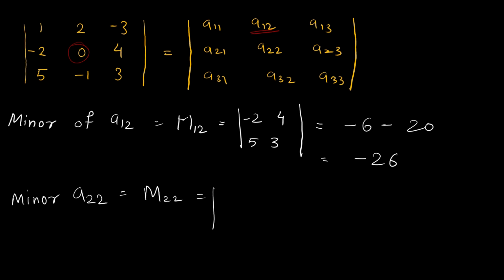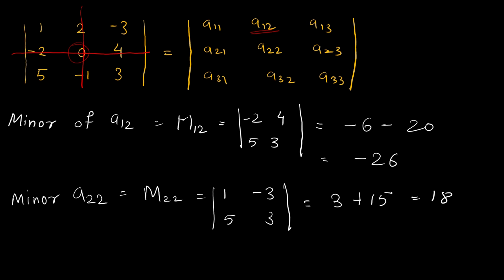By deleting the corresponding row and column. You will get 1, minus 3, 5, 3. Find the value of this determinant: 3 into 1 is 3, minus 5 into minus 3 is 15. So minus minus plus, and the answer will be 18. Likewise, you can solve for all the elements.